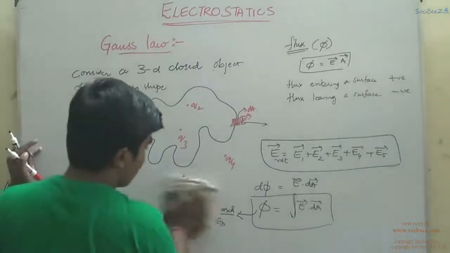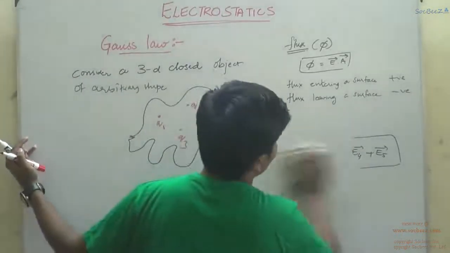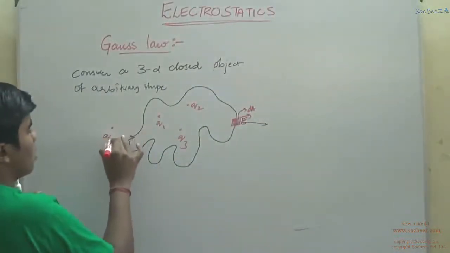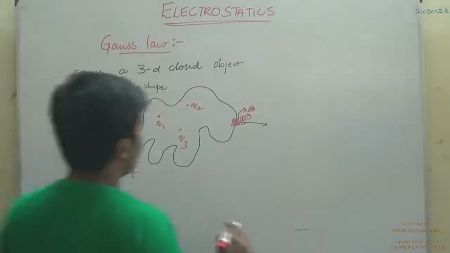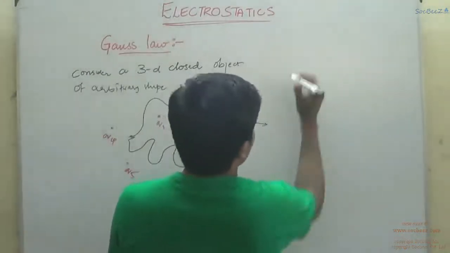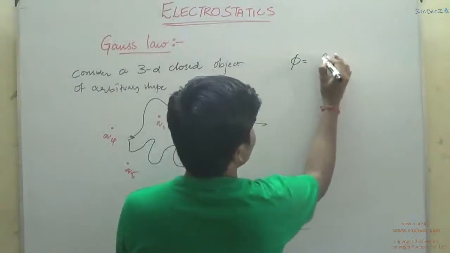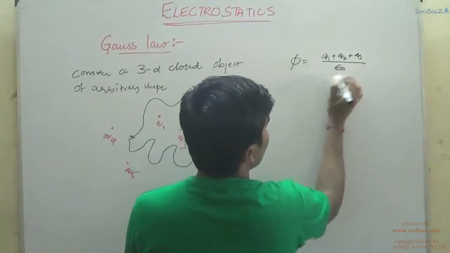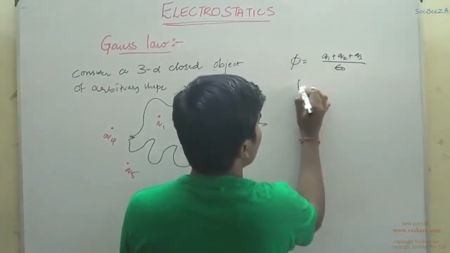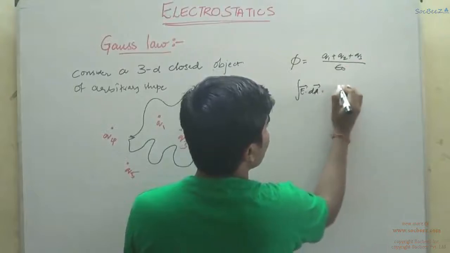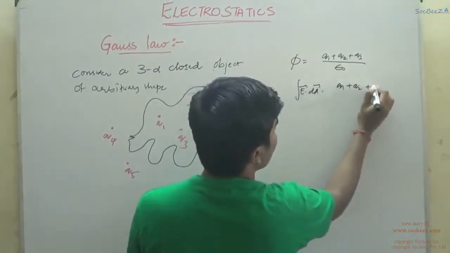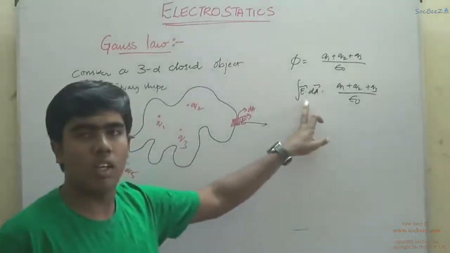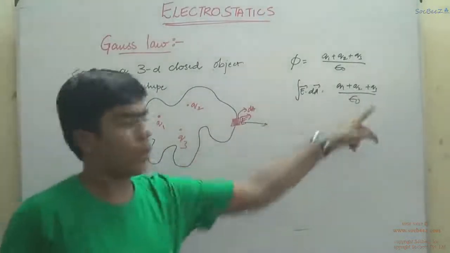See, there are a few misconceptions which generally occur. Here the flux is equal to the surface integral of the electric field, and it depends only on Q1, Q2 and Q3.